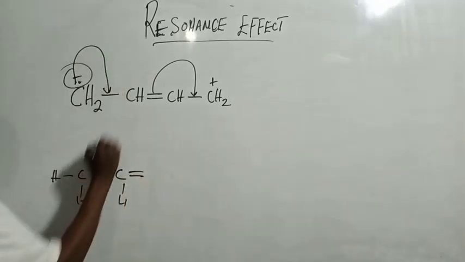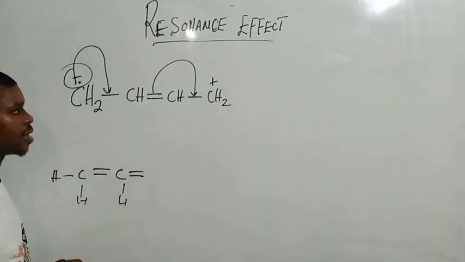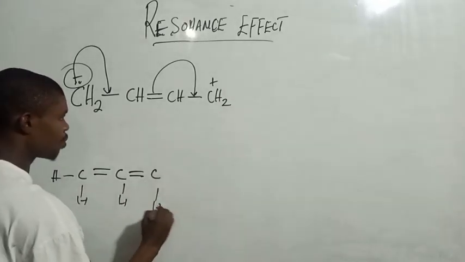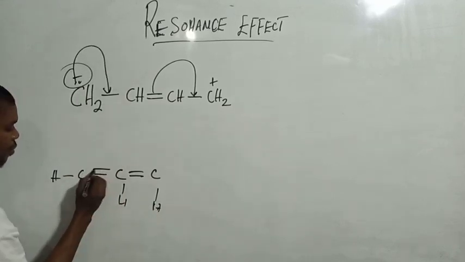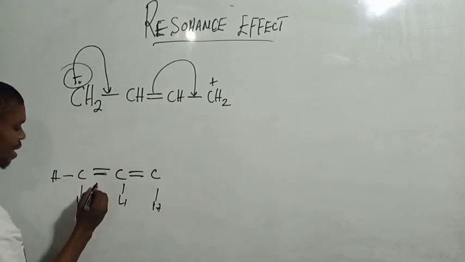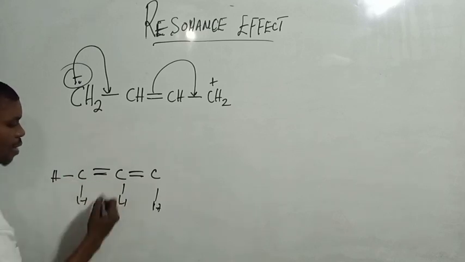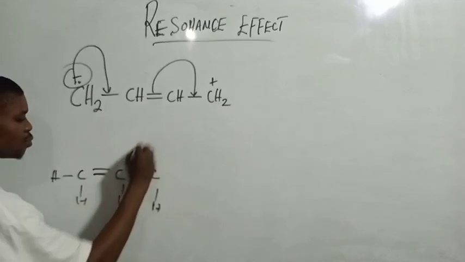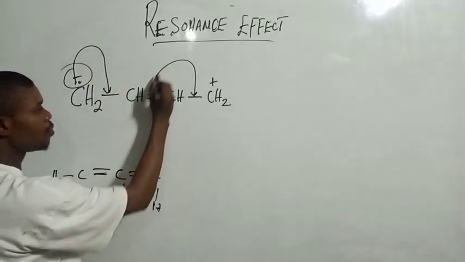When you move here, carbon cannot have more than the octet of electrons. So when you move to form a double bond here, this one is satisfied with 4 electrons, but this one has more than 4 electrons. So this one has to move to that point here, so that as this movement comes here, this one also moves to that point here.